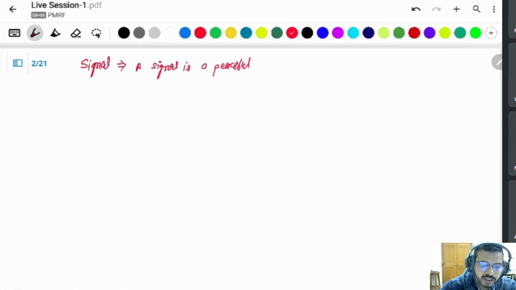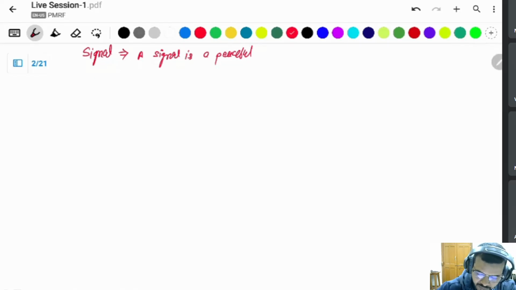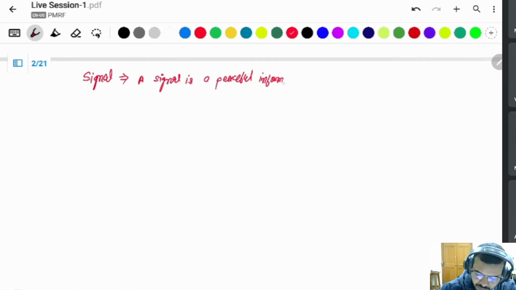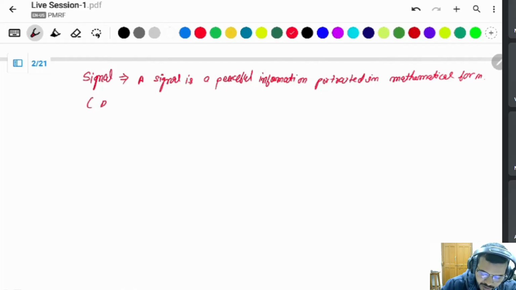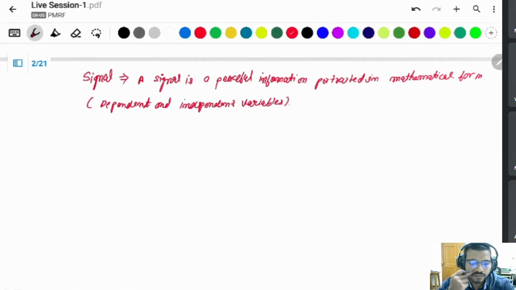Useful information is portrayed in mathematical form, with dependent and independent variables, in terms of our signals and systems. We put it in mathematical form, like in the dependent and independent variable. This is the signal.